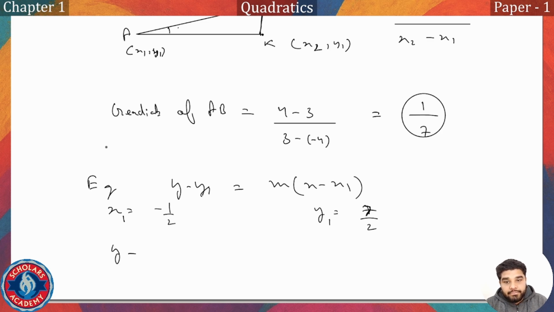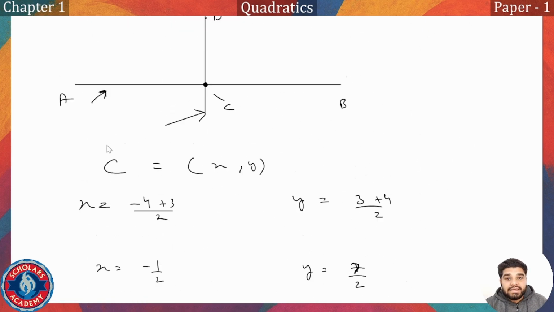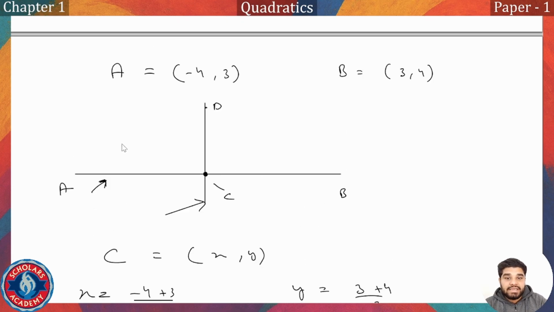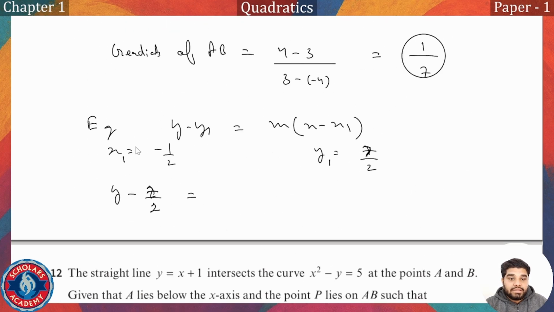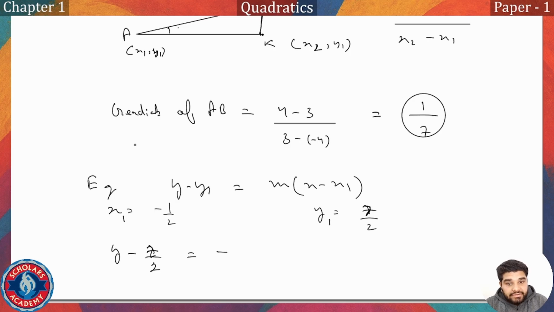We get y minus y1, that is 7 by 2, is equal to gradient. But this gradient was of line AB. We need to find the gradient of the line perpendicular to AB. So that will be negative 1 over m. So the gradients of two perpendicular lines, if one is m and one is n, the product is equal to negative 1. So if I need to find the gradient of n, that is negative 1 over m.